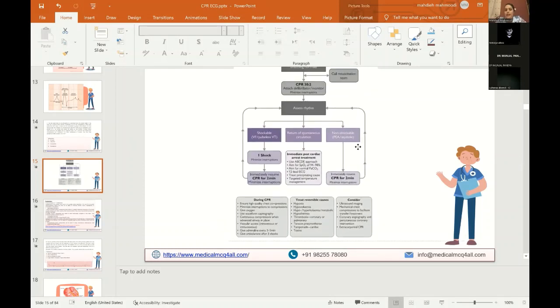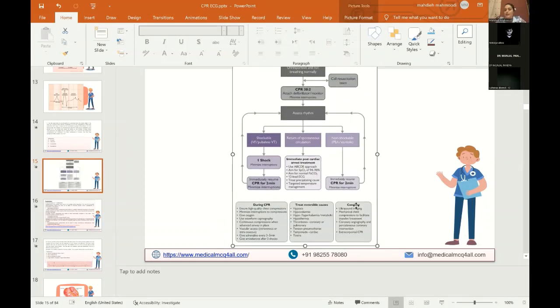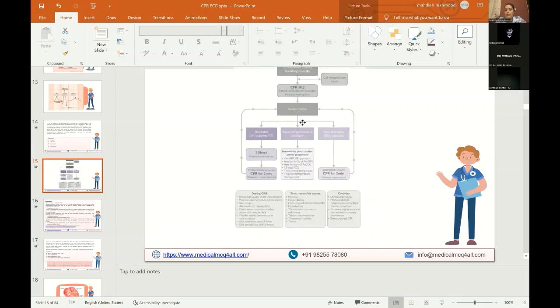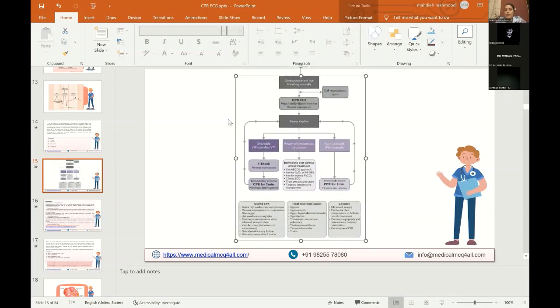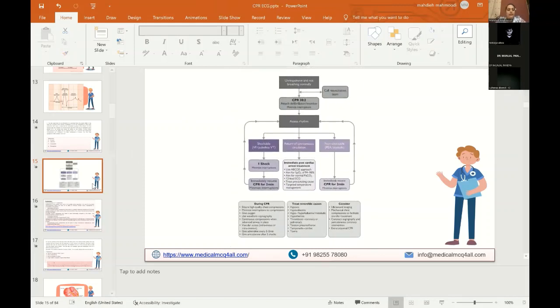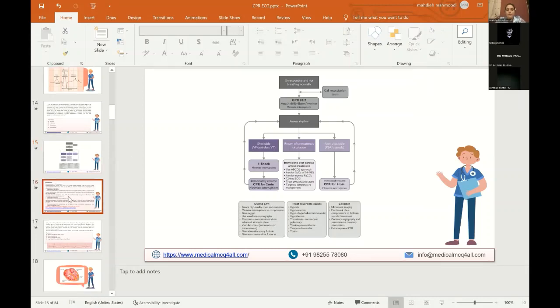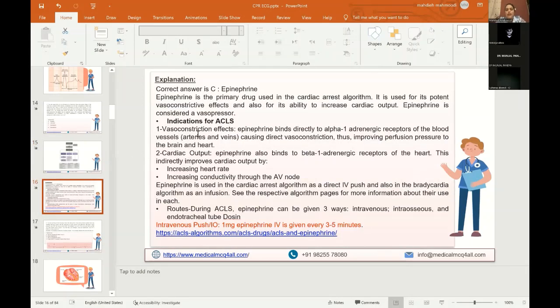Here you have pulseless electrical activity, so the only drug you're allowed to use in this setting is epinephrine. Thank you, everyone. So here you see how epinephrine works. There are 3 mechanisms for epinephrine, and this is the only drug you're allowed to use in this setting.